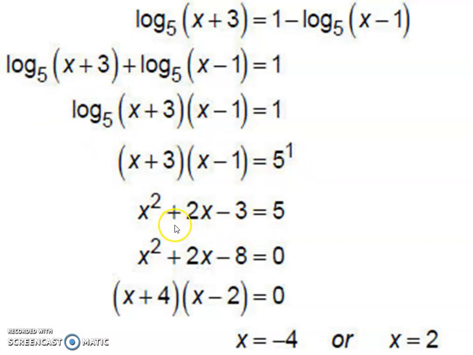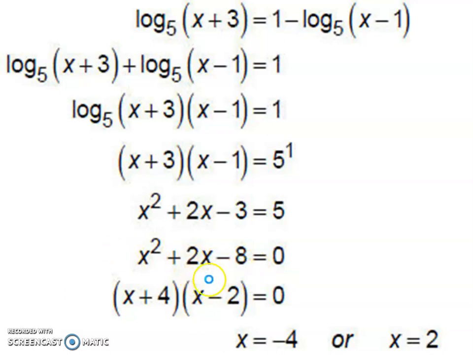Now let us start from x square plus 2x minus 3 equal to 5. I shift 5 to this side, so we derive x square plus 2x minus 8 is equal to 0. We know that for minus 8 there is only one option, that is 4 twos are 8.